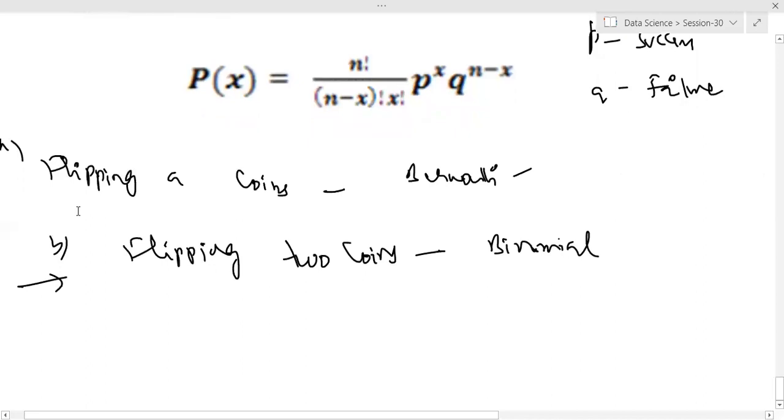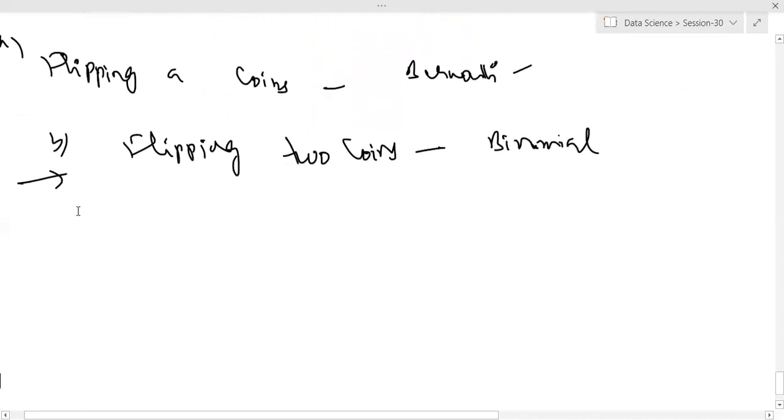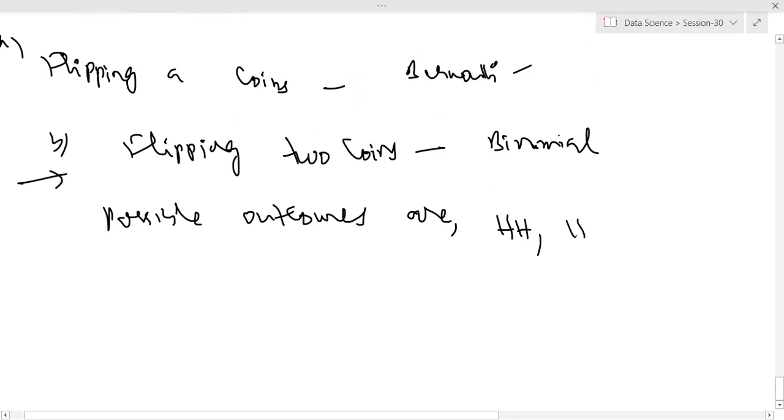Now my intention is to see the possible outcomes. Can someone help me, friends, to register the possible outcomes? Flipping 2 coins: both heads, both tails, head tail, tail head. So these are all the possibilities.